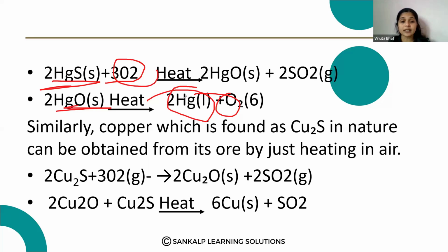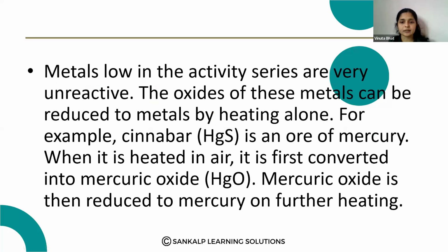When the copper oxide Cu2O is heated with copper sulfide, it forms copper and sulfur dioxide. These are all the reactions showing how the low reactivity series metals are extracted. So that is the answer.